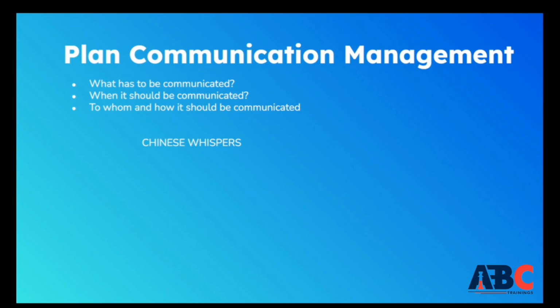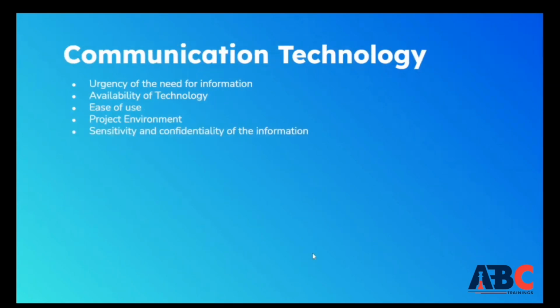There is a part we call communication technology. How can we choose communication technology? First, the urgency of the need for information. Means you need some information or you want to communicate some information, then what is the urgency? How fast do you need it, or will it be okay even if you get it 2 days later?